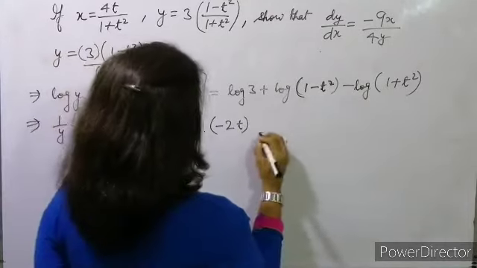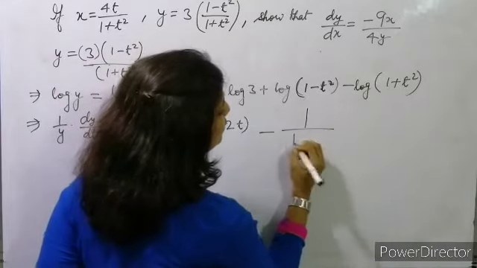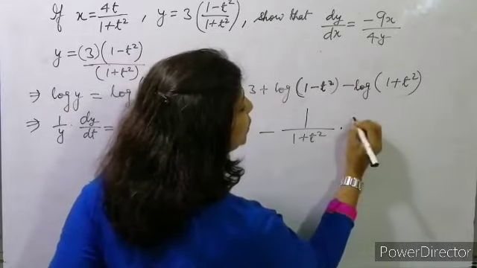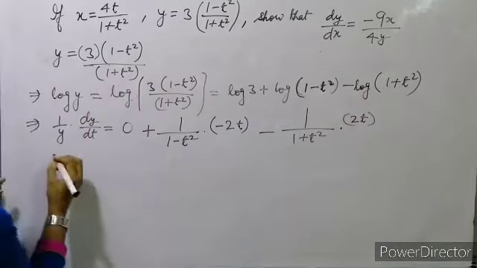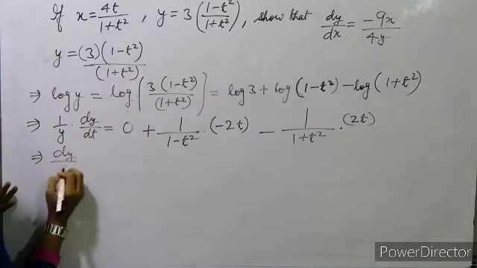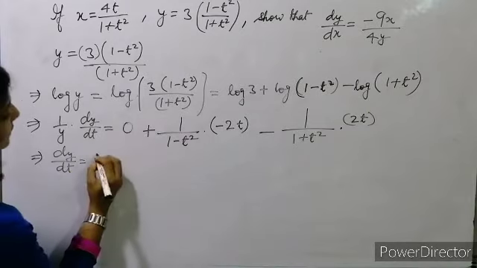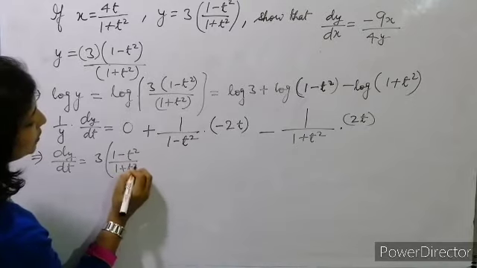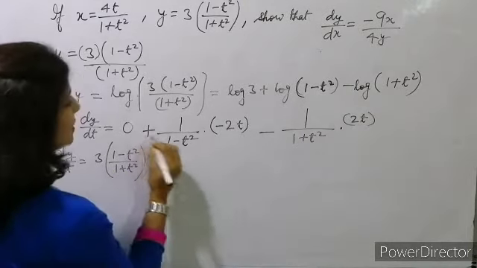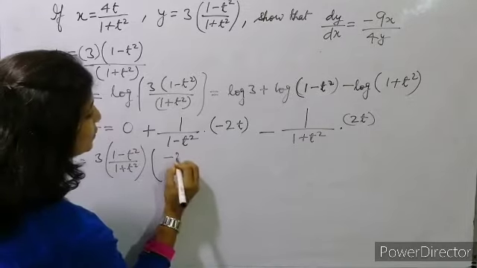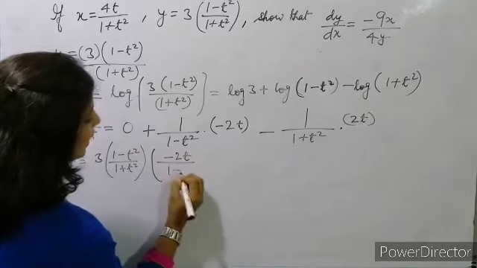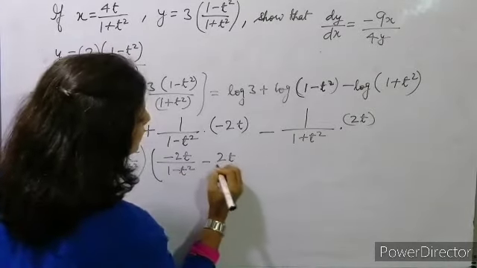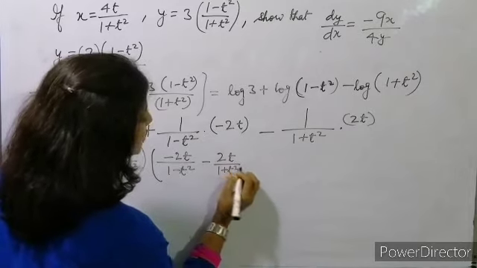Now minus log of 1 plus t square: its derivative will be 1 upon 1 plus t square multiplied by 0 plus 2t. Now dy by dt will be equal to the value of y, which we write here: 3 times (1 minus t square) upon (1 plus t square), multiplied by this 0 and minus 2t divided by 1 minus t square, and this is also minus, so minus 2t divided by 1 plus t square.